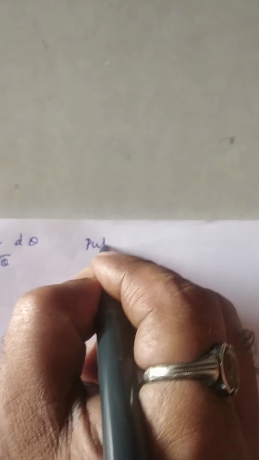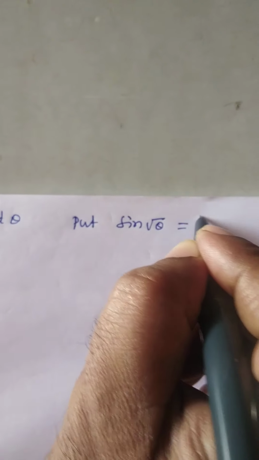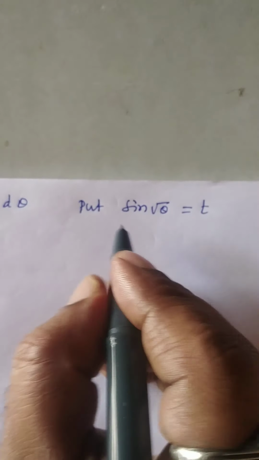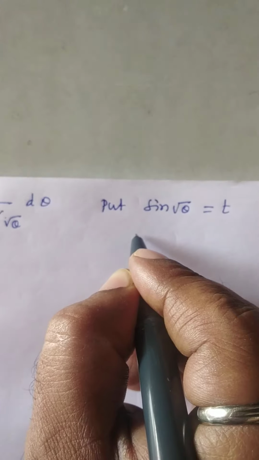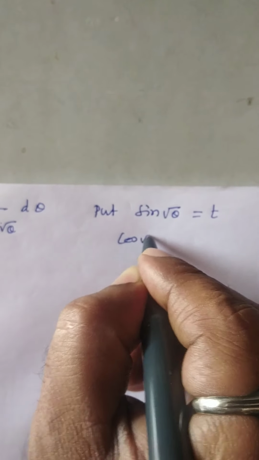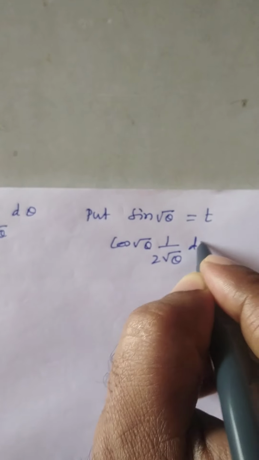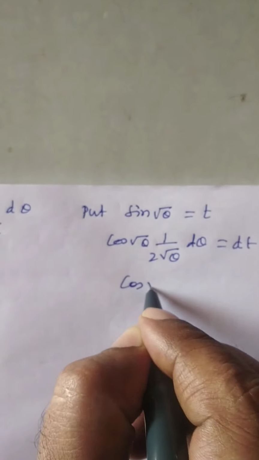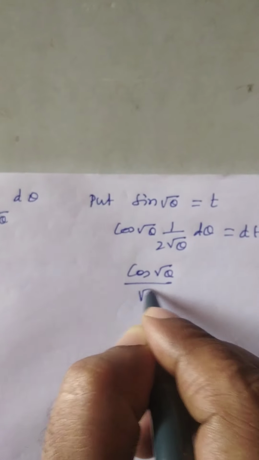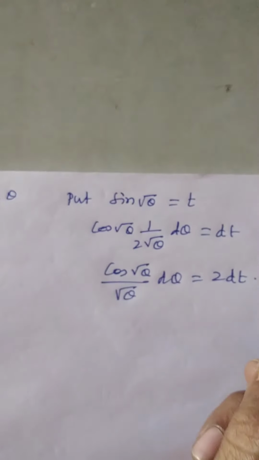So here put sin of root theta equal to t. By differentiating this with respect to theta on both sides, what are you going to get? Cos of root theta into 1 by 2 root theta d theta is equal to dt. So cos of root theta by root theta into d theta is equal to 2 dt.